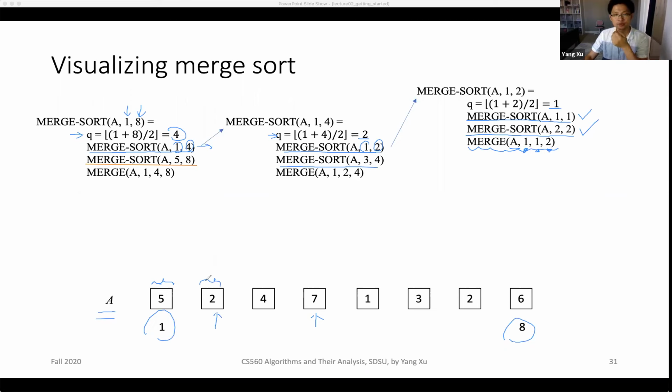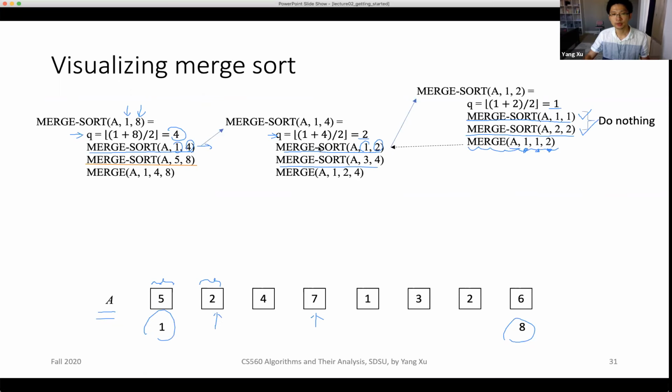So merging these 2 subarrays, it will result in a longer array that is in sorted order. Okay. So basically here we do nothing, and after merging A[1..1] and A[2..2] with indices 1, 1, 2, this call will be returned, right?